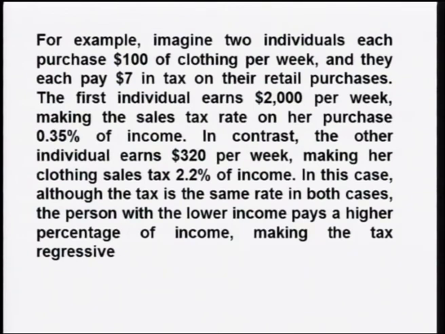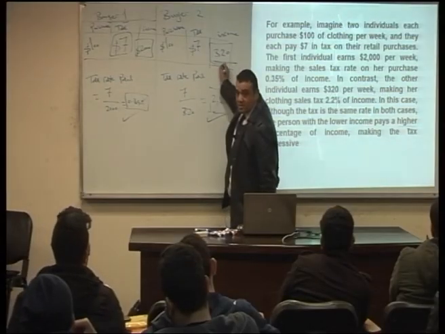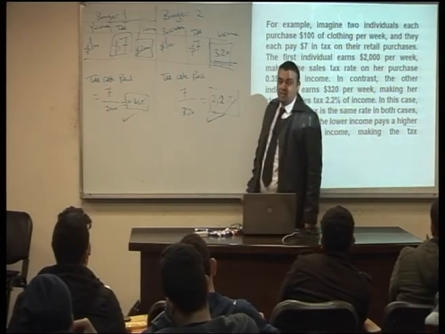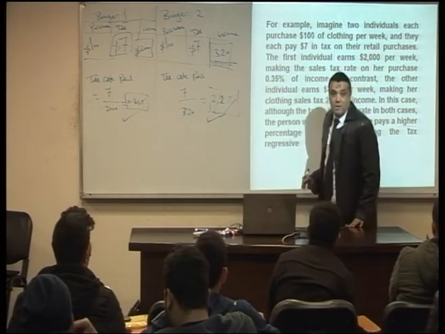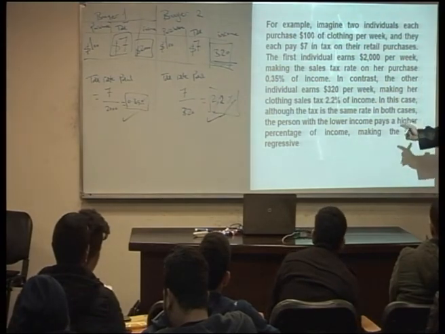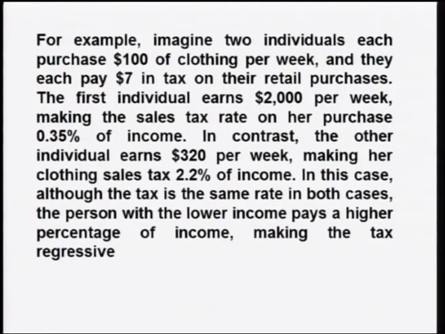In this case, although the tax is the same amount here in both cases, you see, the person with the lower income pays higher percentage of income. This one whose income is lower, as a percentage, pays higher than the other here, making the tax regressive.